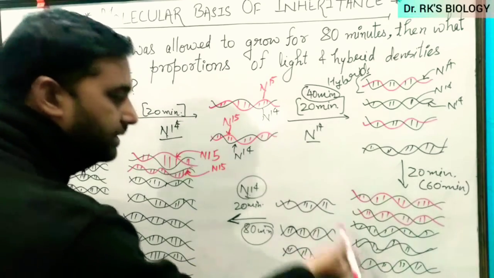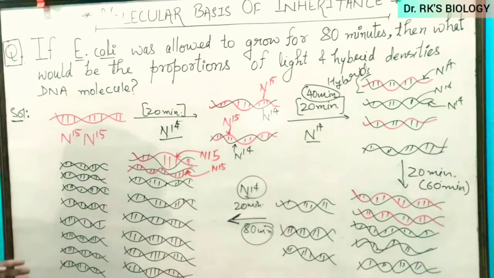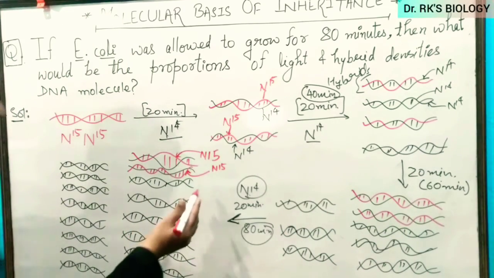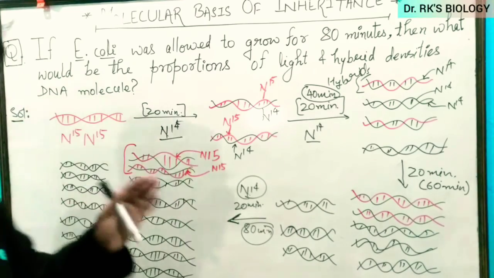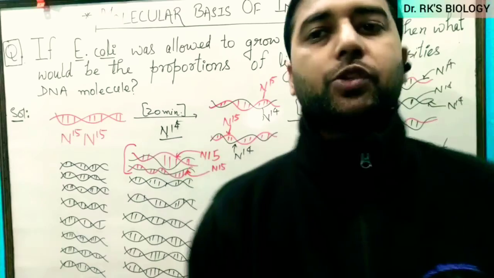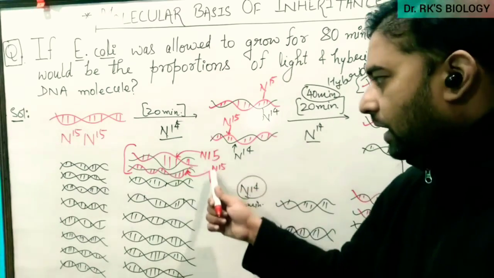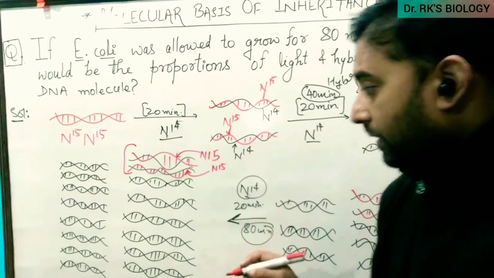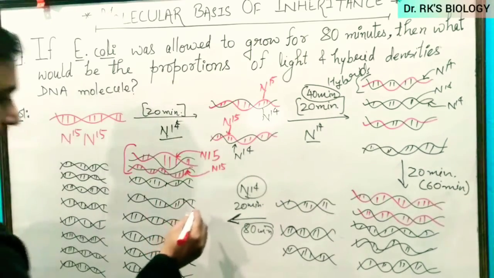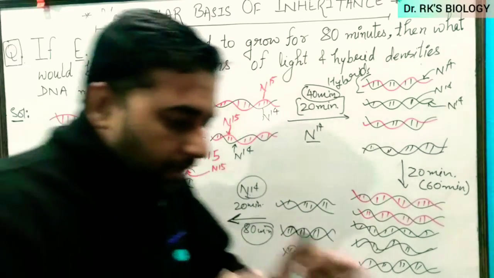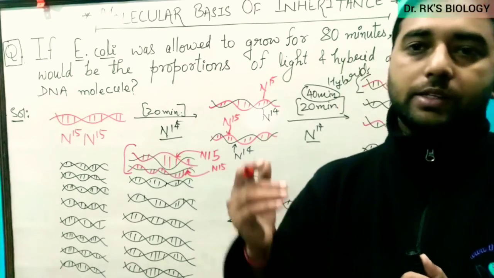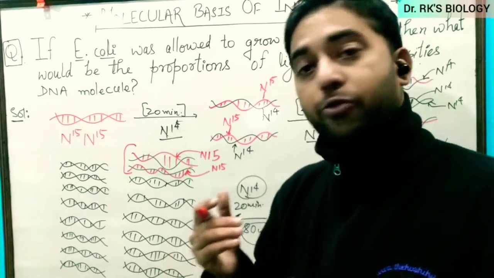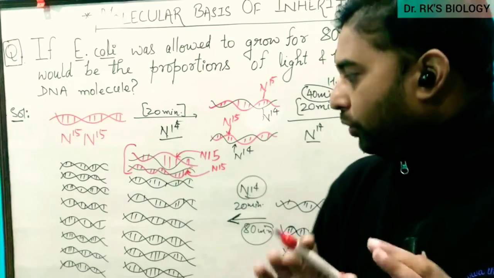From these 8 DNA, 16 new DNAs are formed, of which 2 DNA are hybrid, having N15 and N14 strands. The rest have only black strands, that is the lighter DNA having N14 only, no N15.